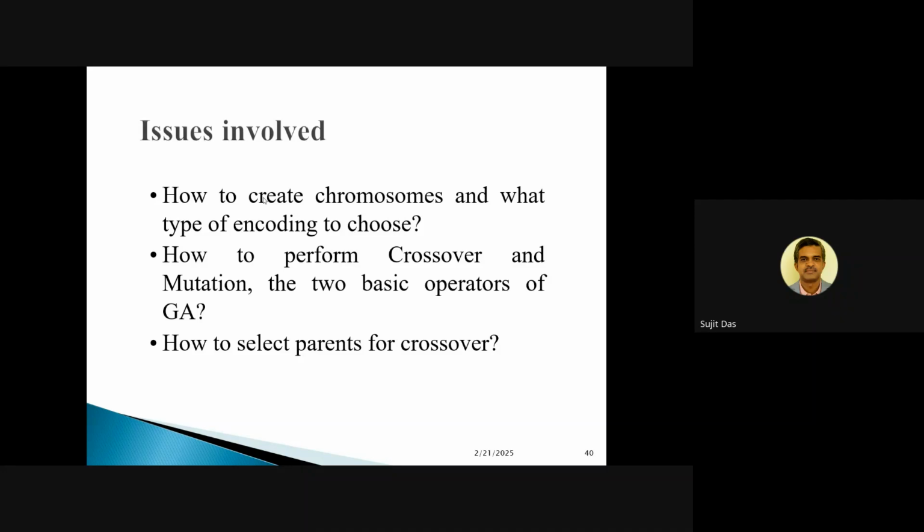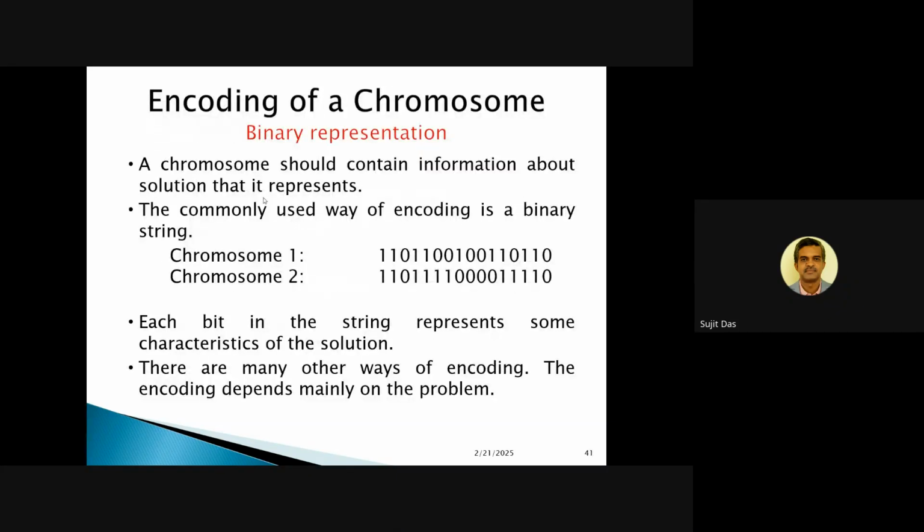For each and every problem, you should represent the problem using some encoding technique, as a chromosome, so that you can do crossover, mutation and all other operations. So let me see how to encode this chromosome, or what the encoding technique is.